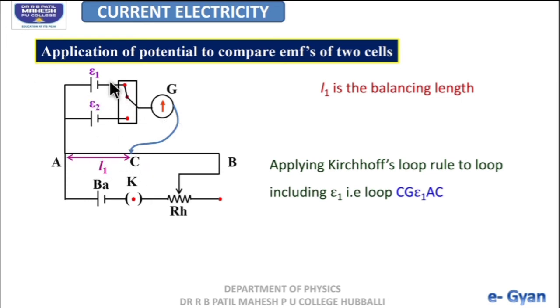Here the loop is moving from lower potential to higher potential, in increasing potential, hence the EMF of this cell is taken as positive. We can write it as minus phi into L1 plus E1 is equal to 0. This I can write as E1 is equal to phi into L1. Let this be equation 1.